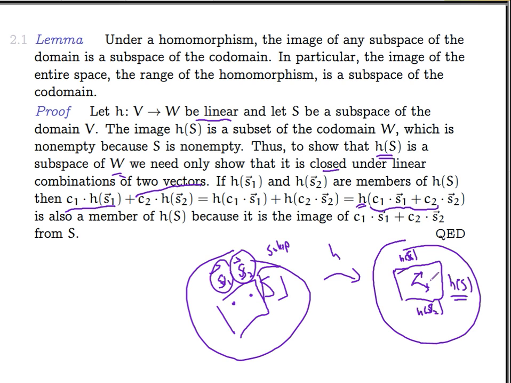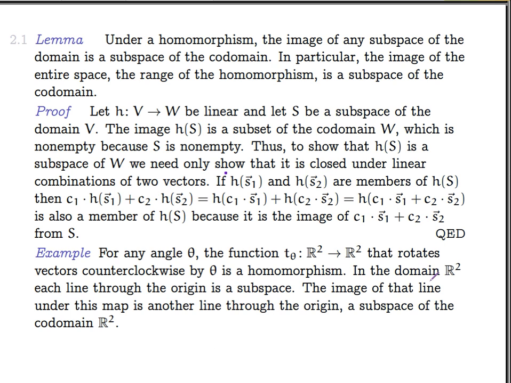The idea is there. So here's an example. If I have rotation, I could take a line in the domain. Now, when I rotate that line, it's going to turn into another line. Okay, so this subspace, this line, which is a subspace, maps to another subspace, which is another line.